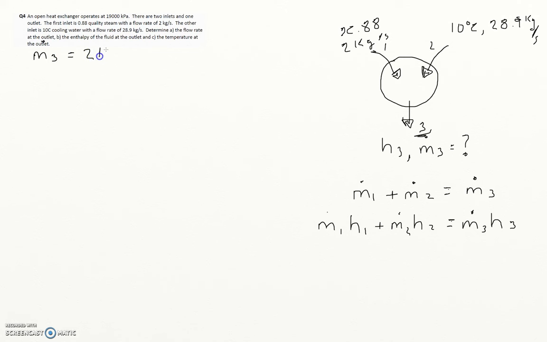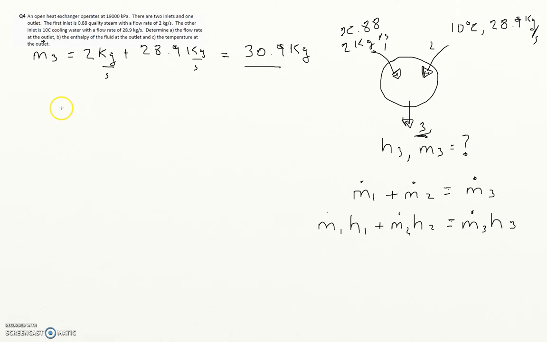So I have 2 kilograms per second plus 28.9 kilograms per second, and I end up with 30.9 kilograms per second. That's the fluid that's going to be leaving. Next, in order to find the enthalpy of the fluid at the outlet, I'm going to need to figure out some enthalpies.